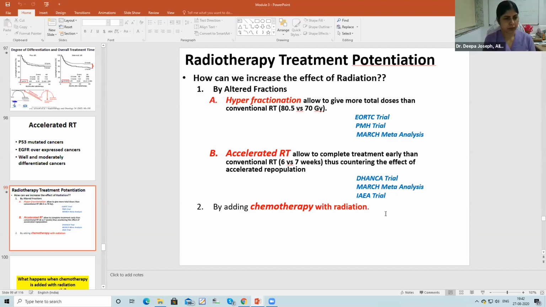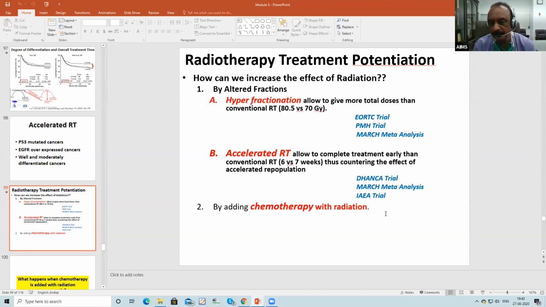There is one question. What is the benefit of 55 gray in 20 fractions versus 60 gray in 30 fractions in lung cancer? Basically, you calculate your BED, and you can find out which one is better.